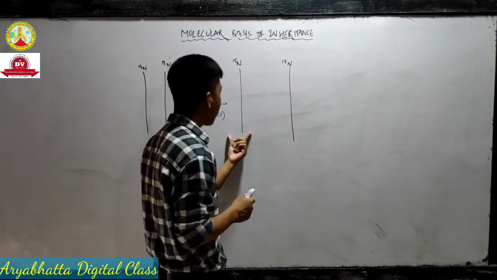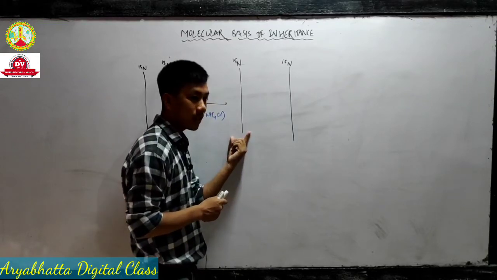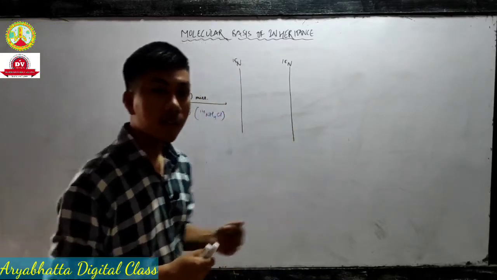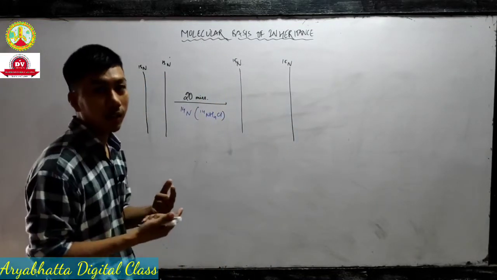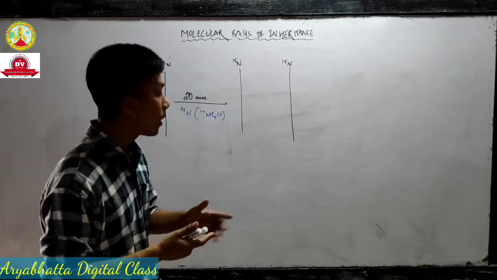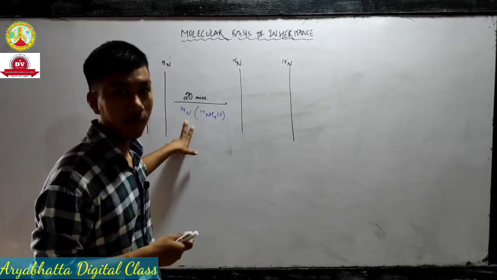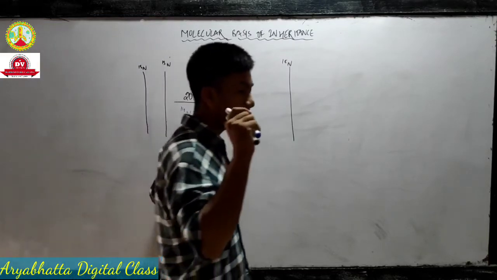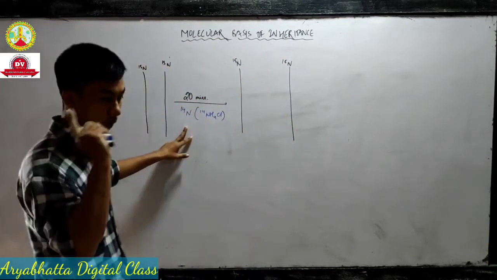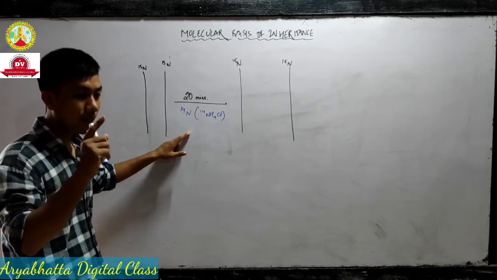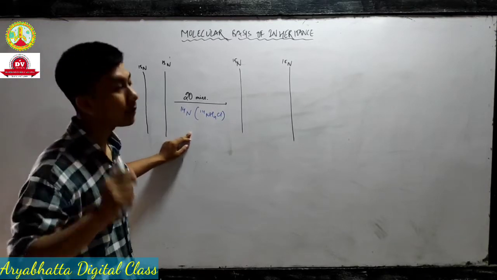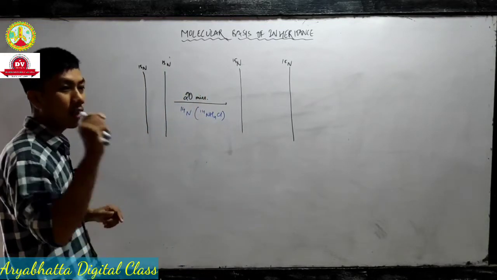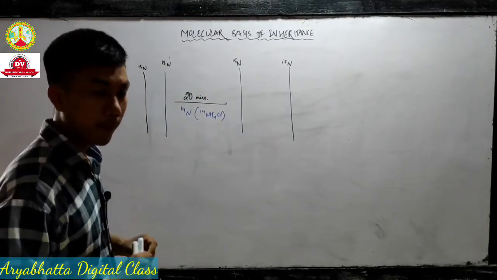Each strand of bacterial DNA containing N15 synthesized new DNA, that means they replicated DNA containing N14, that means normal nitrogen. Try to understand. In the first case, they used N15 only, so in the first generation they found all the DNA contains N15.